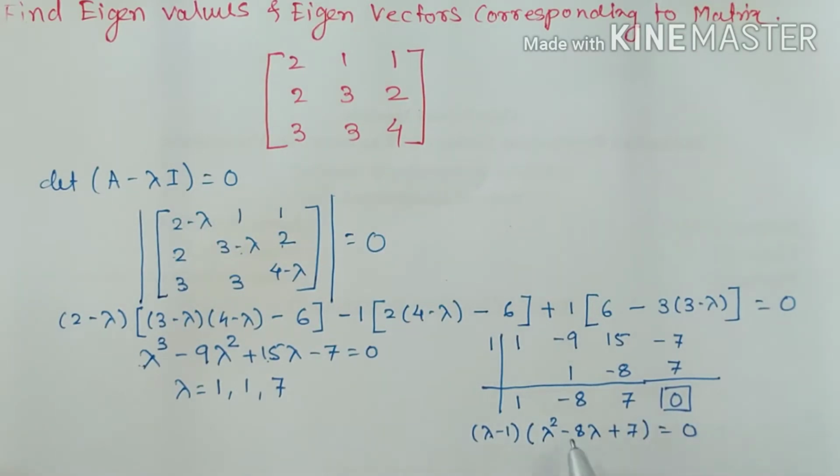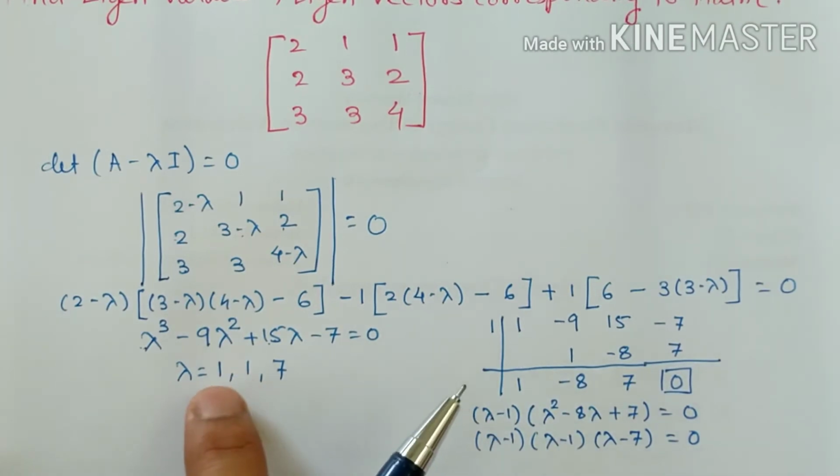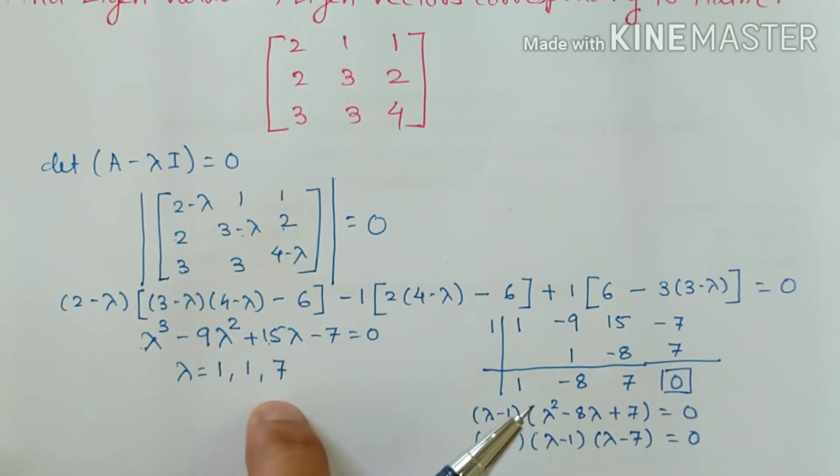Now you can factorize this: minus 7 and minus 1 add to minus 8, and their product is plus 7. So we get lambda minus 1 and lambda minus 7. This way you find the factorization which provides the eigenvalues: lambda equal to 1, 1 and 7.